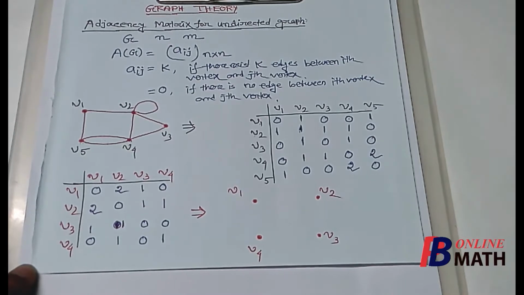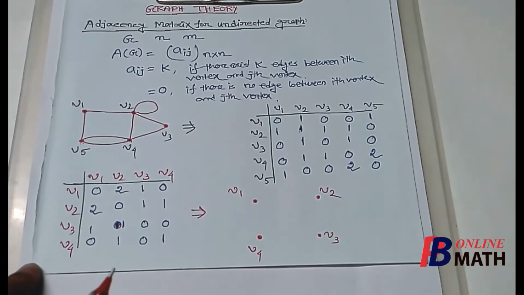Next we shall find the edges. Now from the adjacency matrix we can easily find whether the graph is directed or non-directed. If the adjacency matrix is symmetric, then the graph is a non-directed graph, otherwise the graph is a directed graph. From here we find that this matrix is symmetric because the ijth element is equal to the jith element.